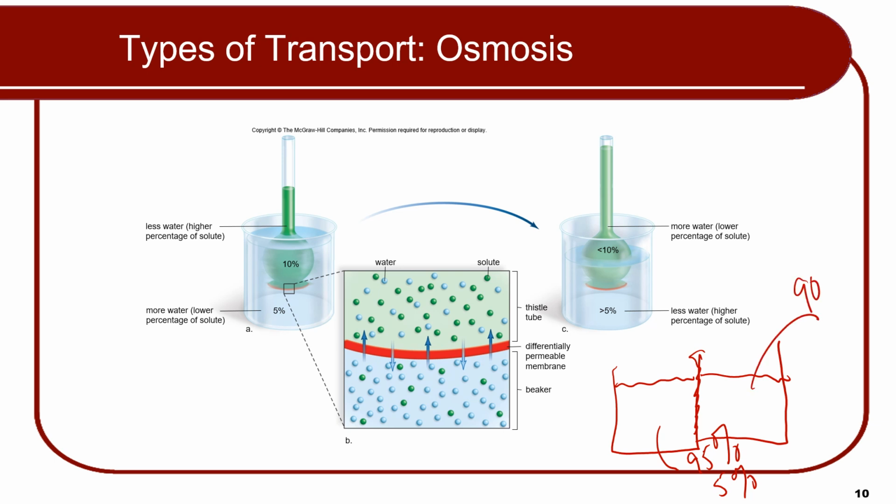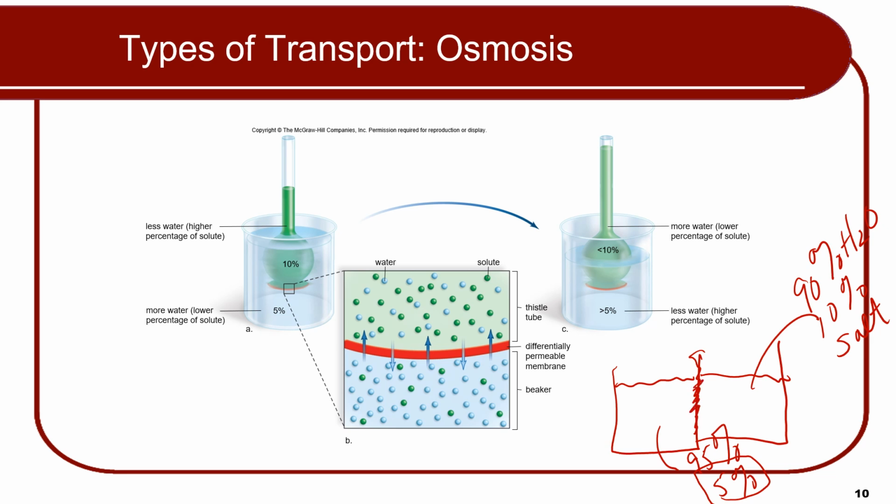So it's 90% water and 10% salt. So which side has more water? The one with the less amount of salt. So when there's less solute, there's more water. So this side has more water.